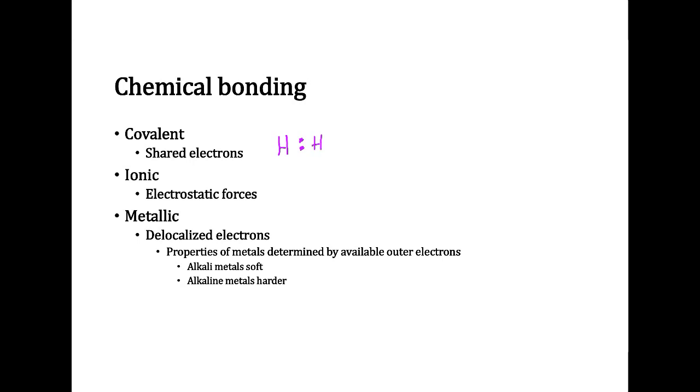We're going to say a bond consists of a pair of electrons. So one pair of electrons, if they're being shared, is a chemical bond. And right now we'll specify that as a single bond.